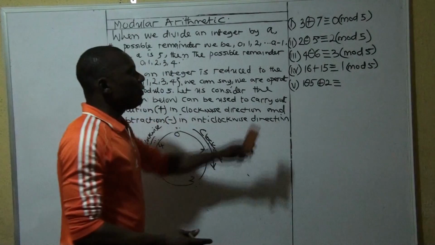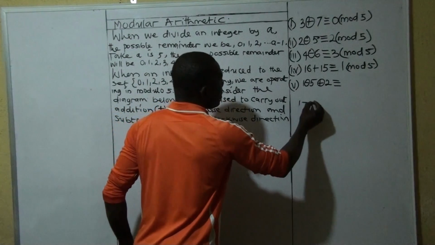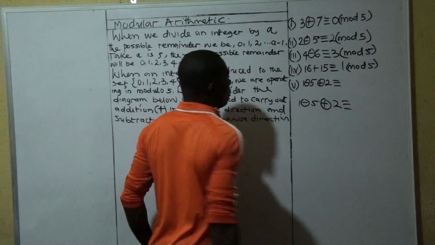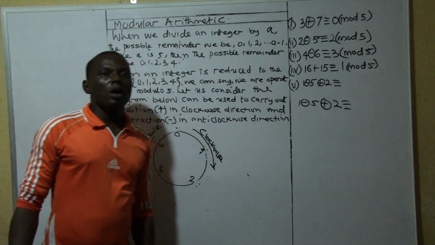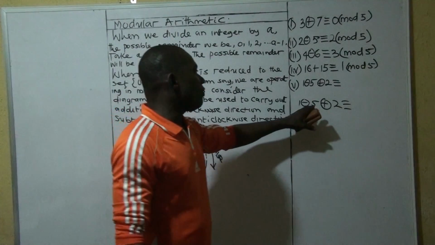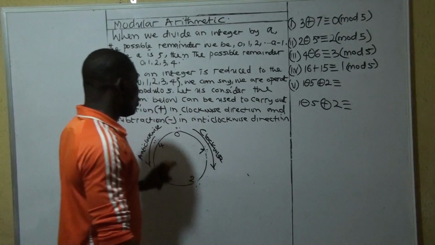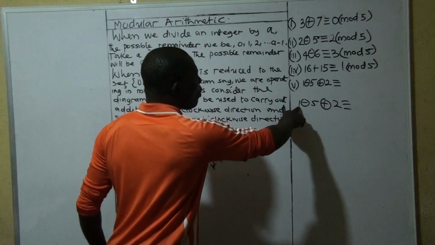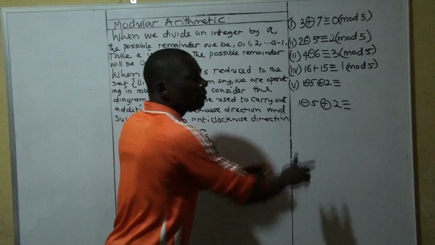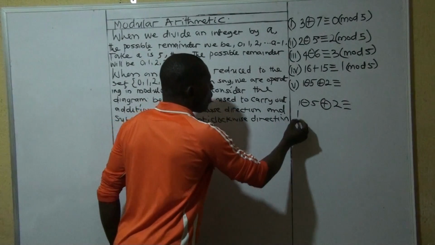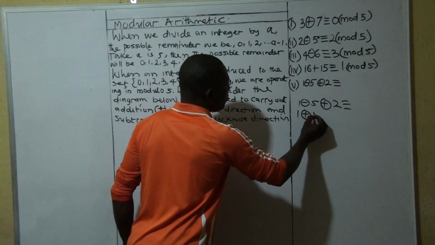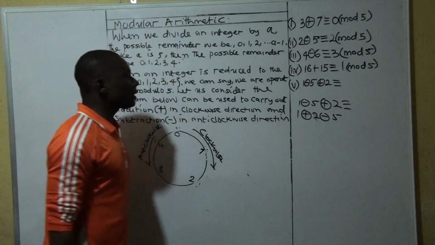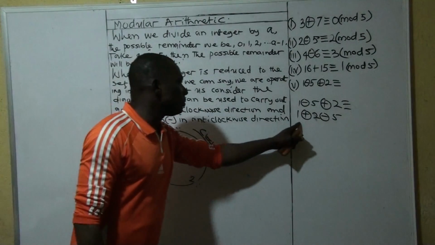Okay. Then we have 1 minus 5 plus 2. So we can use our basic operation and do this first: 1 plus 2.